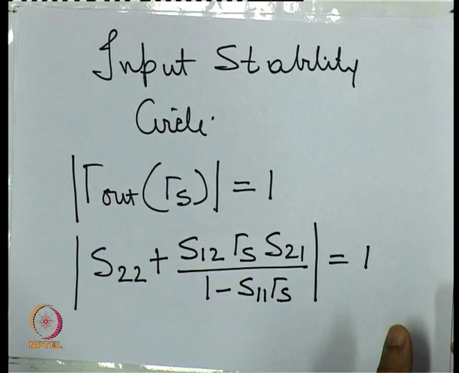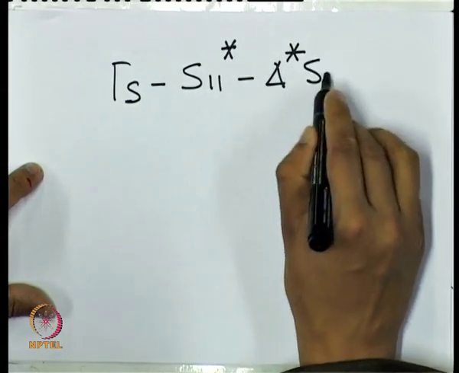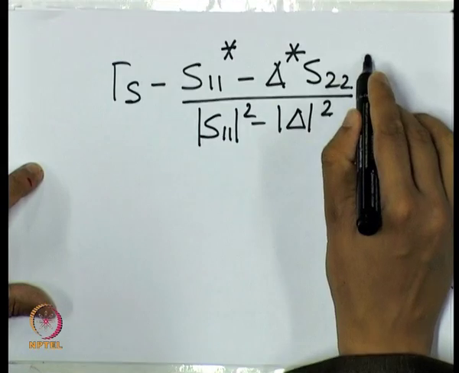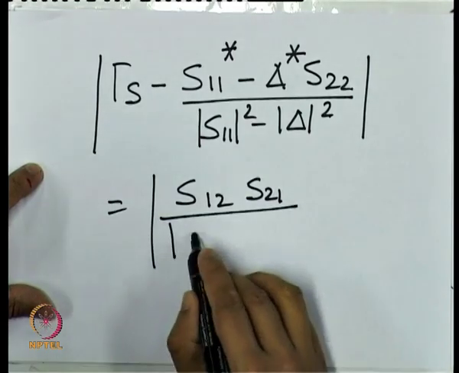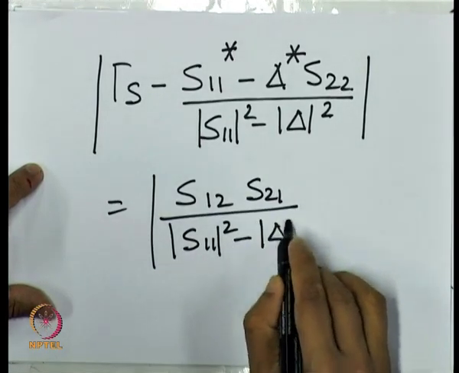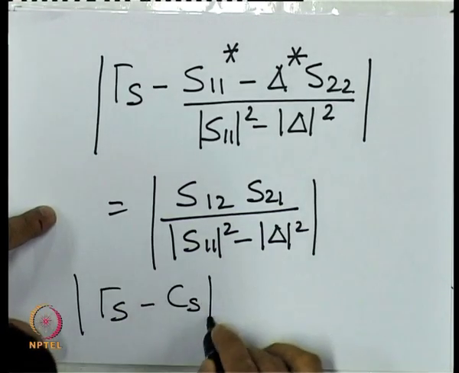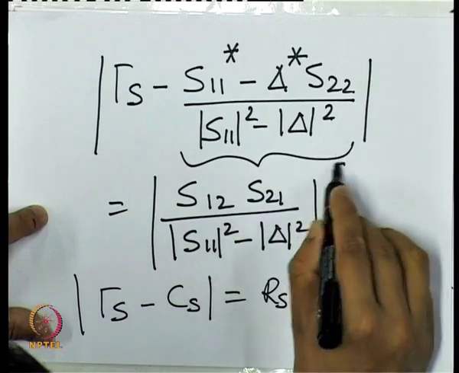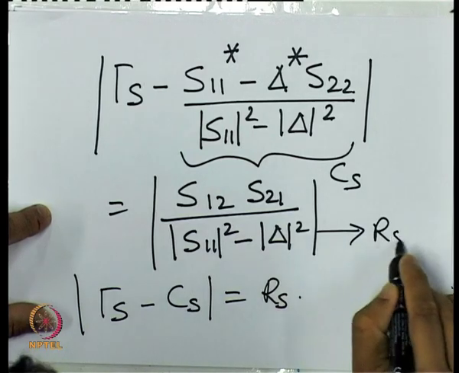And on simplification, this equation reduces to, which in turn can be written as, so again this point corresponds to Cs, this is a vector quantity, but this whole thing is a scalar corresponds to Rs.